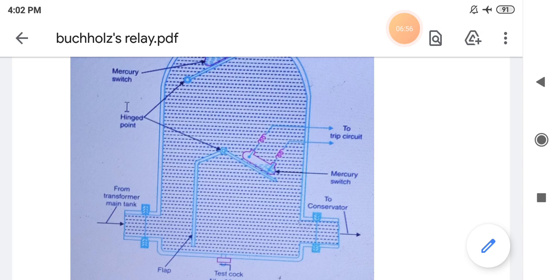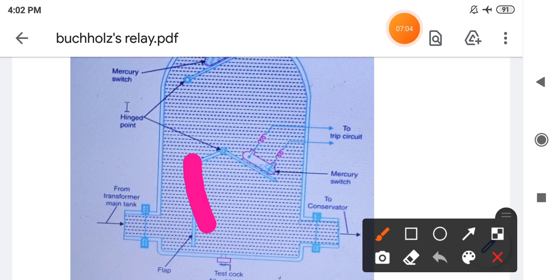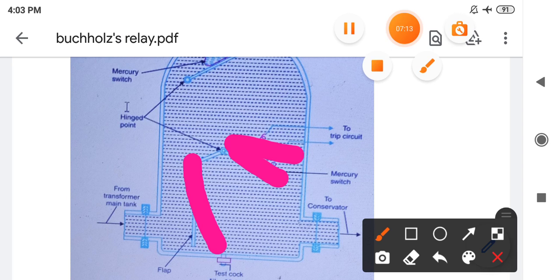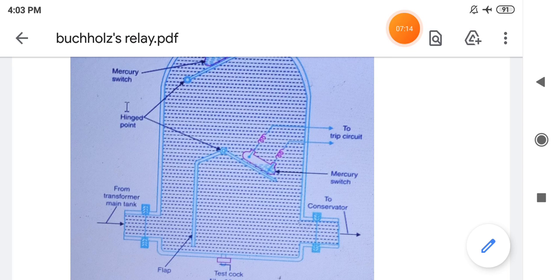However, if the oil rushes very fast from the inlet, this flap will bend this way, and the position of this mercury switch will now change to this direction. As a result, the contacts will be closed, and it will trip the circuit.